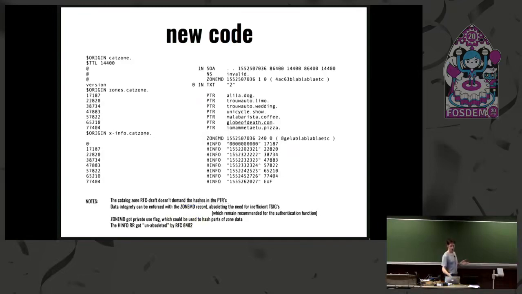It's simply a ZONEMD record, which I use for the integrity of the data. It's a new record, I think still a draft. You see the number 240 in that line. That is a field that is reserved for private use, so you can use it for putting hashes of parts of your records, and even just a part of the value of a resource record.